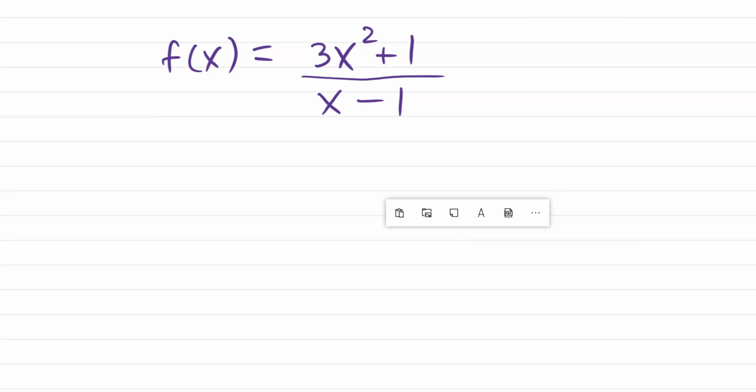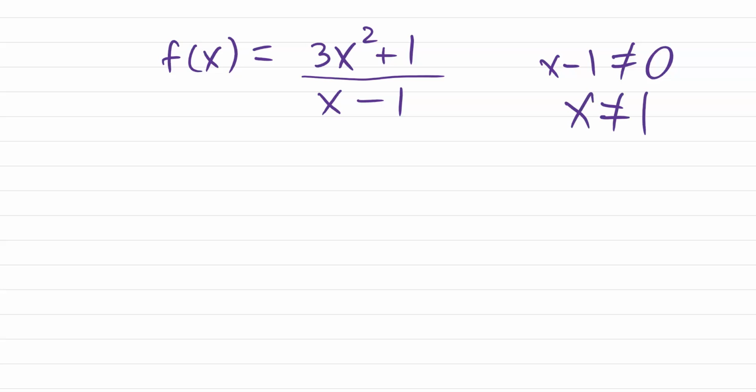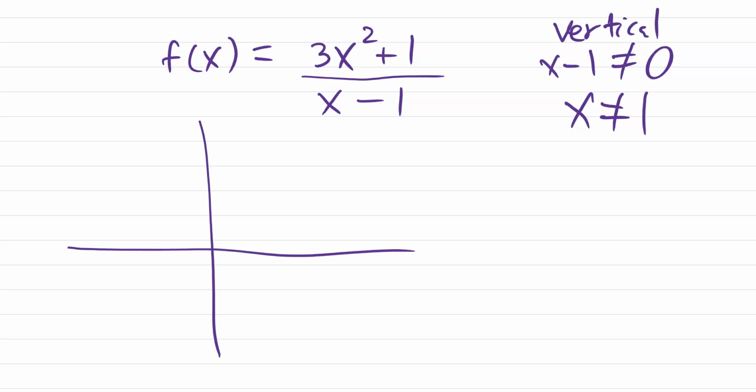Okay? So, again, denominator, x cannot equal 1. There is our vertical. Okay? Horizontal.